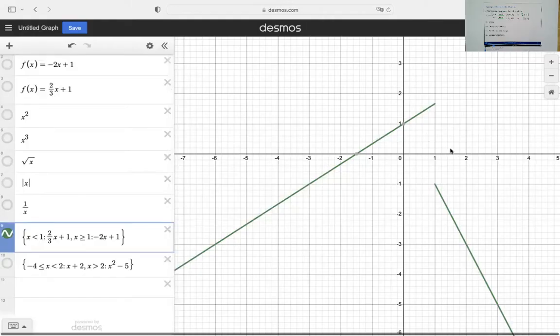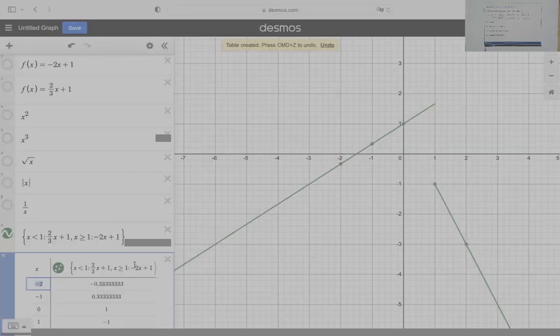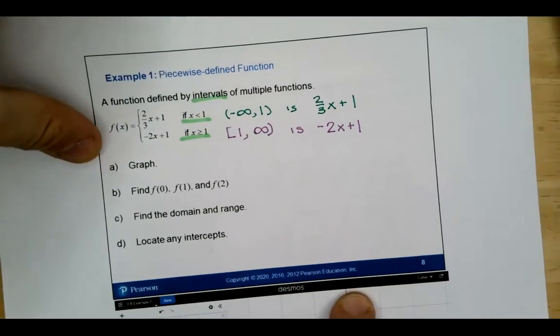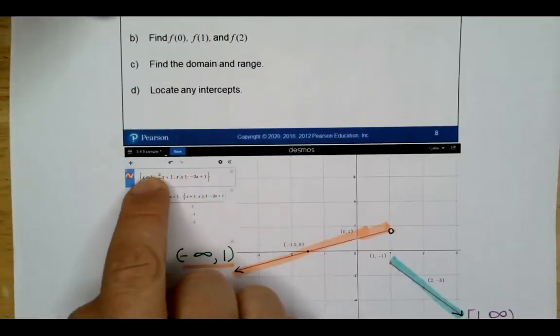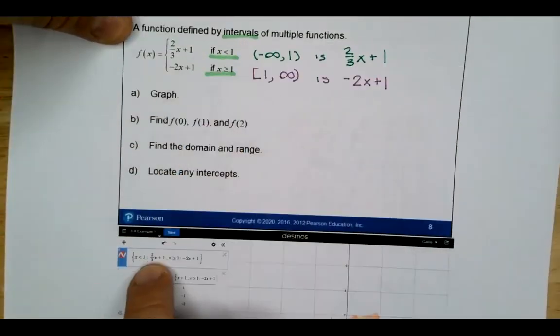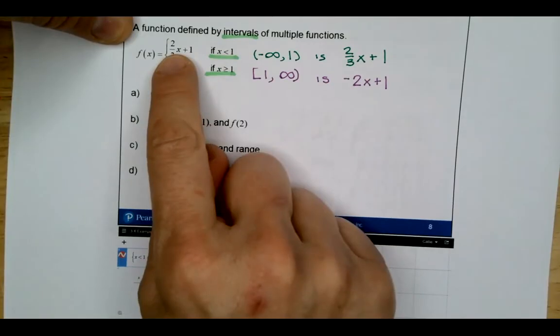Good. So here's the graph that they're asking you to graph. You can even make a table of it. That's why I included this down here below. Here's how to enter it into Desmos, because it's a bit the opposite of how it's written. You start with this one, put in a colon, and then put in your equation.